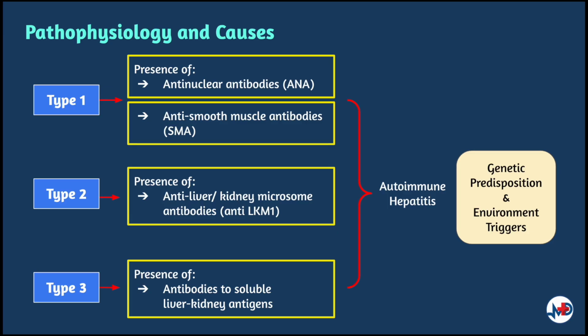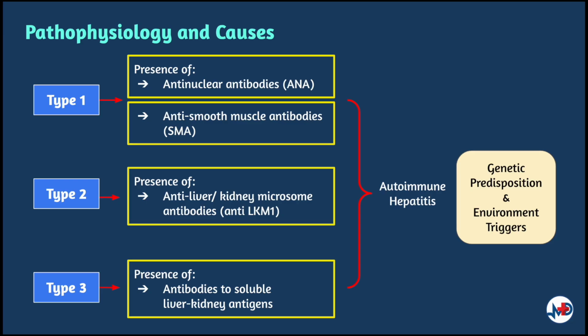There are three types of autoimmune hepatitis which have been characterized according to the types of circulating antibodies present. In type 1, anti-nuclear antibodies or ANA and/or anti-smooth muscle antibodies or SMA are present. This condition affects both adults and children.